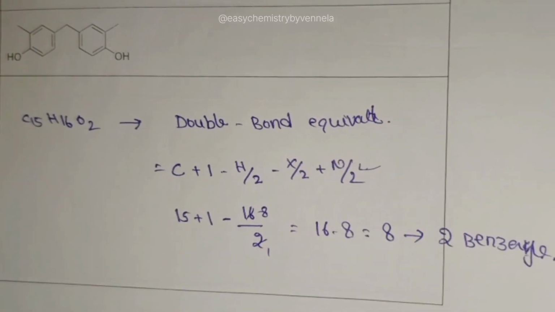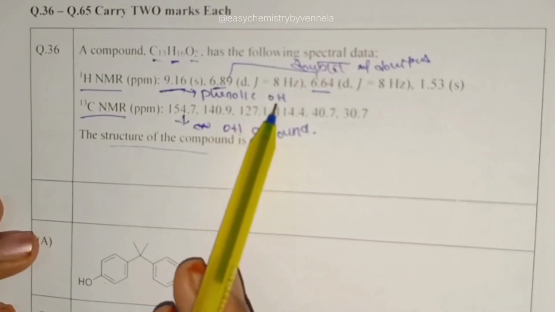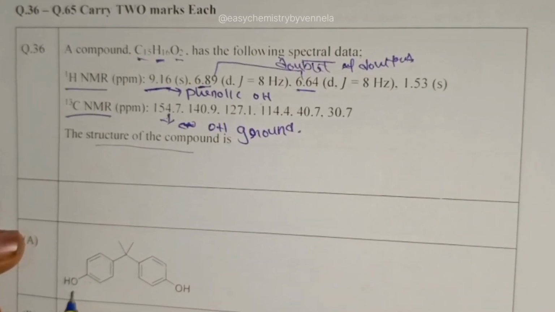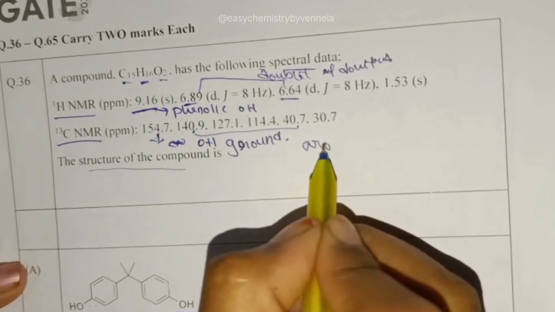So next, here you can see there are 2 benzene rings. But 9.16 means a phenolic group is present. So here phenols. Next, these are all aromatic.